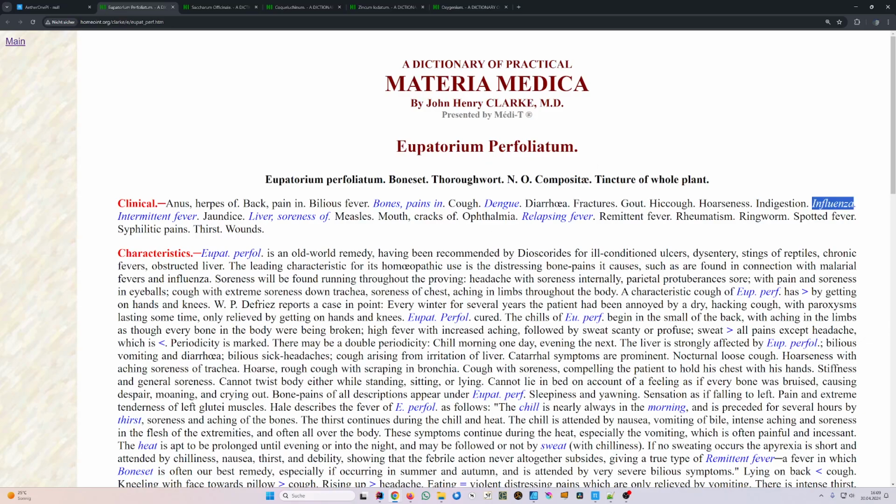So if you open the Materia Medica, the textbook of John Henry Clarke, you will see here the clinical symptoms which are an indication that this remedy was used with a lot of success by many practitioners all over the world. So when you see here clinical, these symptoms are of very high relevance.